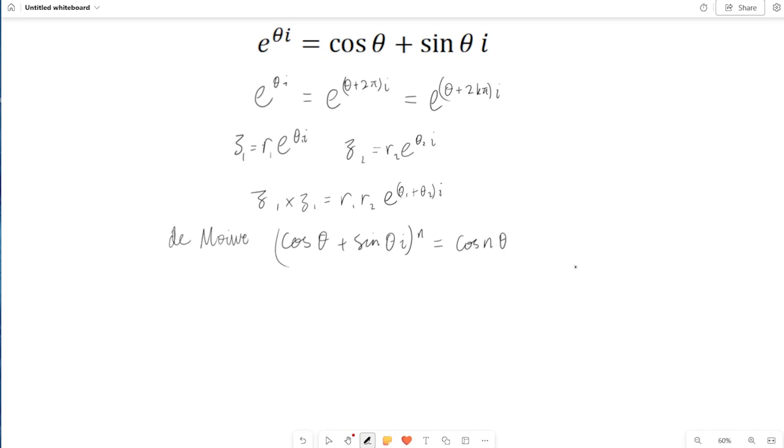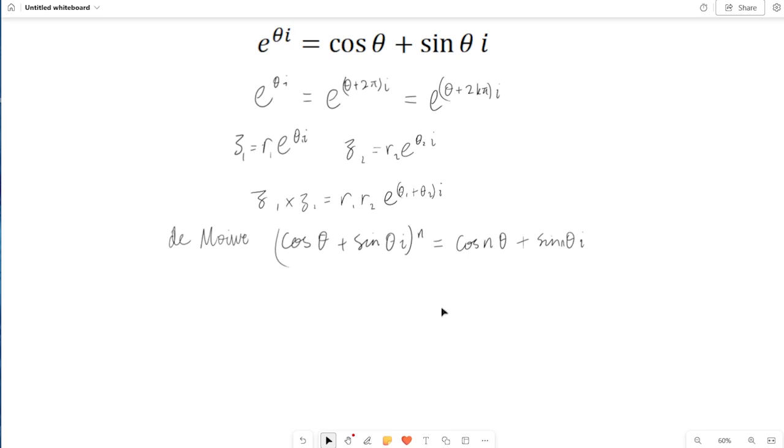So when you raise the complex number to a power, you just multiply its angle by whatever that power is. If you do it this way, it requires a bunch of operations with trig identities.